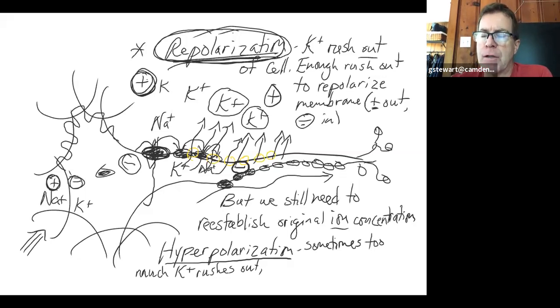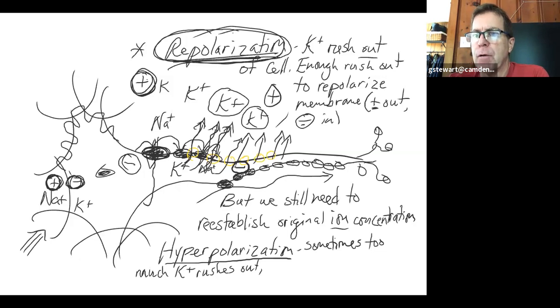The membrane does eventually right itself. So let's just say we've got a certain difference at the beginning of the story of positive out, negative in. During repolarization, when these potassium ions are rushing out, it just means that sometimes the original levels get overshot because so many potassium ions rush out.